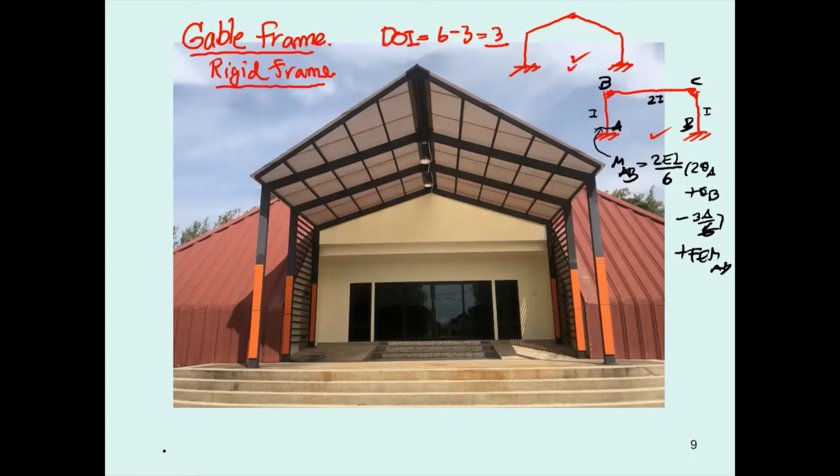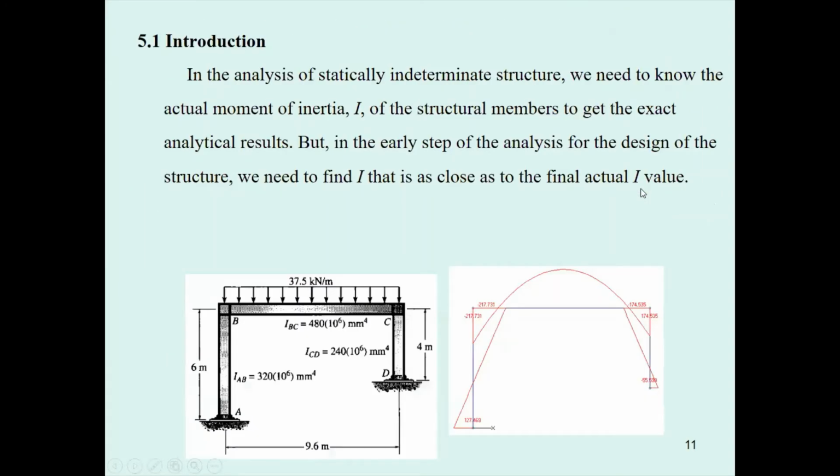And you can see from this equation, you must at least know the relationship between the stiffness of each member. This is the main unknown that we don't know. Then in the analysis of this frame, you are required to know the actual moment of inertia before you can get the exact analysis result.